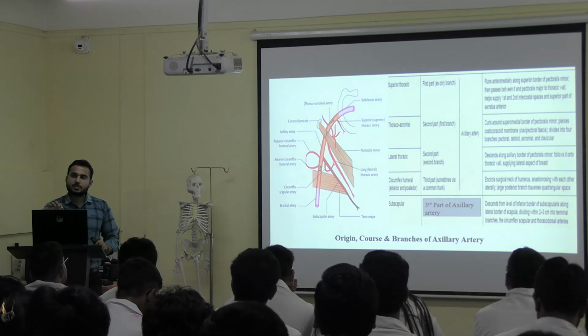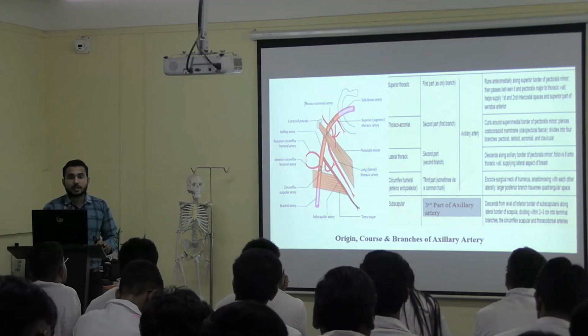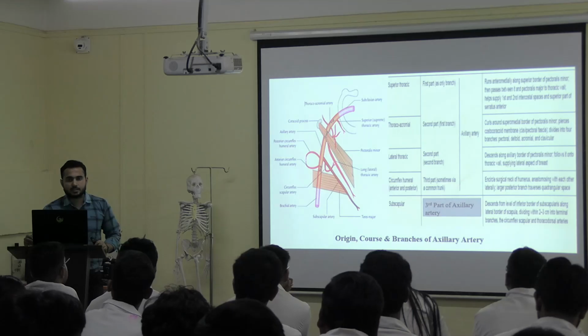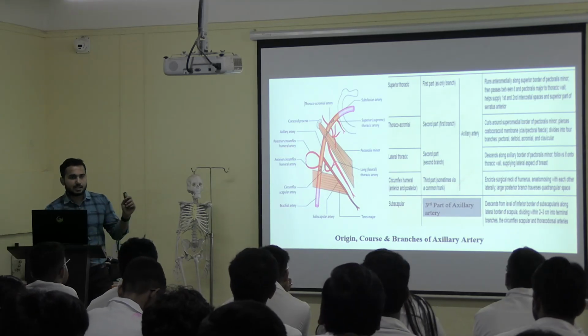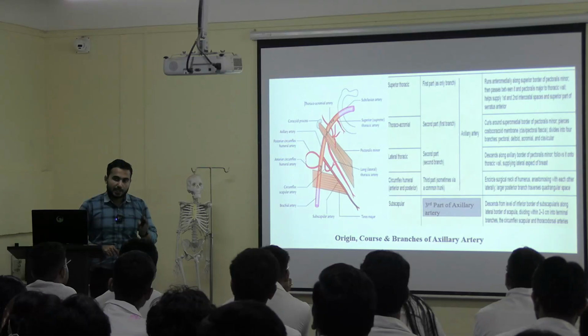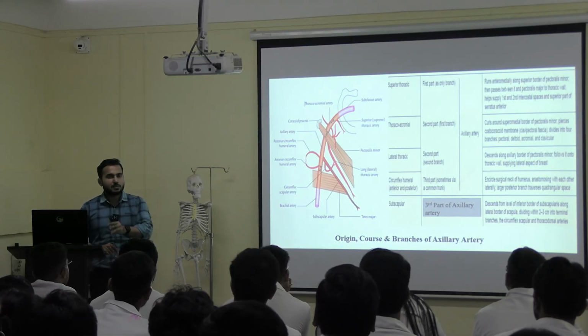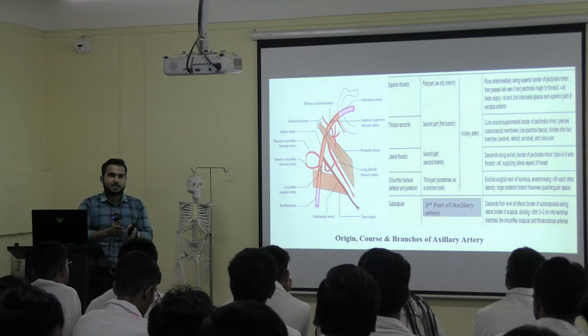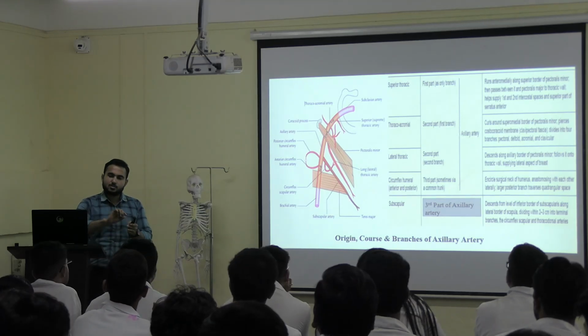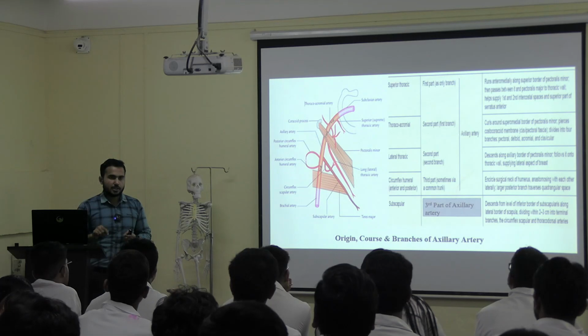Now, with the help of the branches, you have to know the area of supply. In arteries, I have mentioned that you have to know about the area of supply. The area of supply depends directly on the branches, because the branches that come out of the main artery, the main stem, will go and supply various areas. So that is the area of supply.